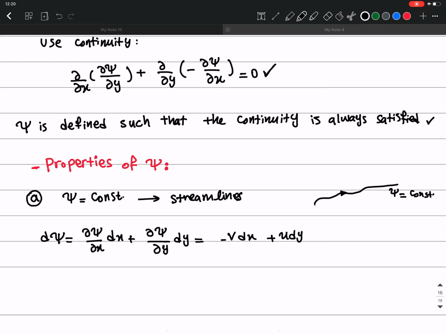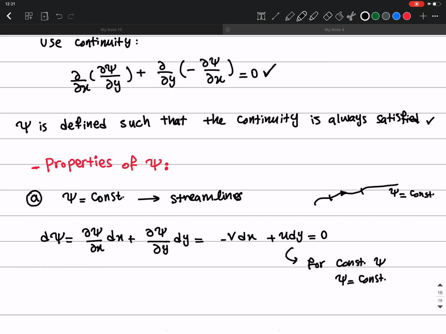If psi is constant, then d psi is going to be 0 because we don't have any changes in psi along this line. So this means that this is going to be 0 for psi equals a constant.